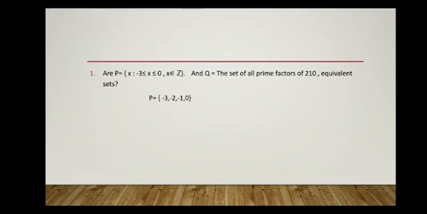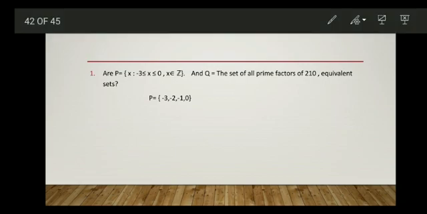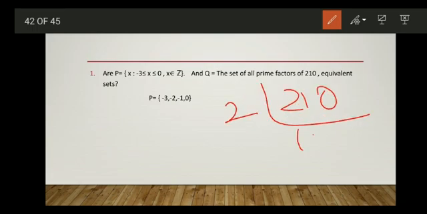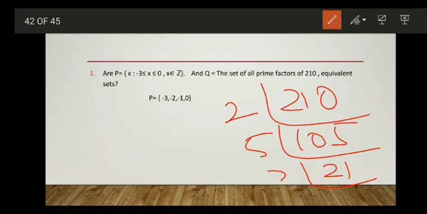So when you take the set Q, Q is the set of all prime factors of 210. When you do prime factorization, 210 is divided by 2, and this can be divided by 5, this can be 3.